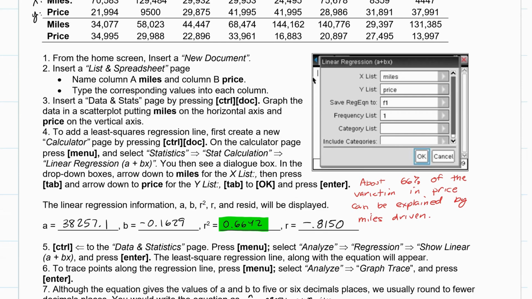All these things factor into the price, but aren't miles. Miles can account for 66% of the differences, but the other 34%, let's say, are accounted for with other things. So the R squared value gives us that, again, fraction of the variation of Y that can be accounted for with X.